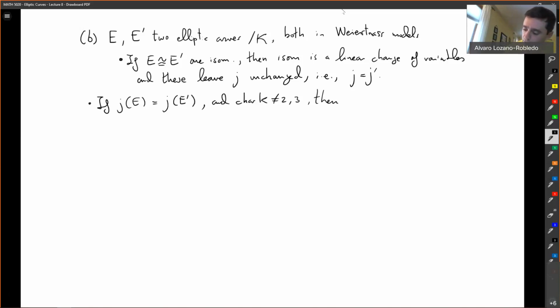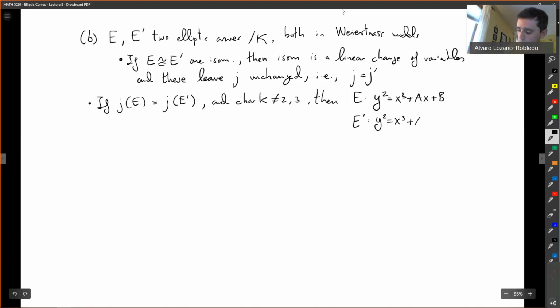So E is given by y squared equals x cubed plus ax plus b, and E prime is given by y squared equals x cubed plus a prime x plus b prime. And I have formulas for the j-invariants.